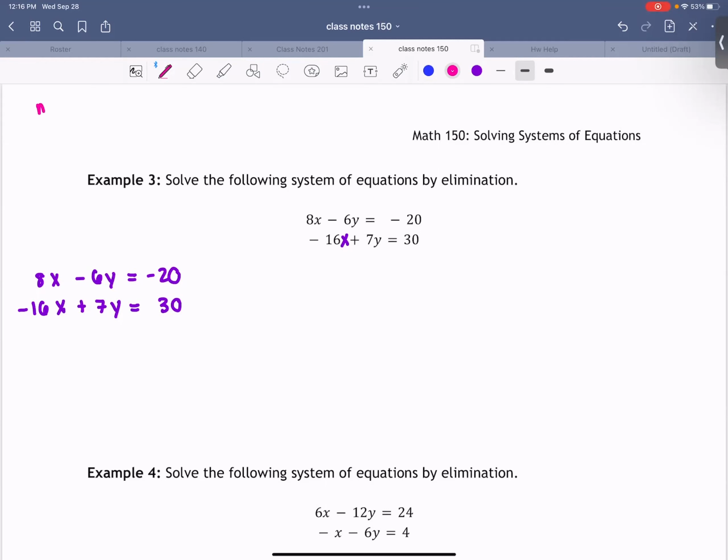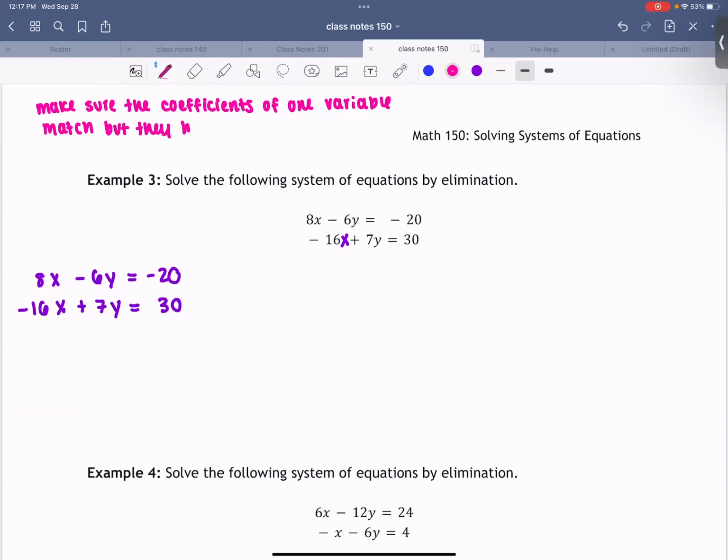So make sure the coefficients, and when I say coefficient, I mean the number attached to the variable, make sure the coefficients of one variable match, but they have different signs.